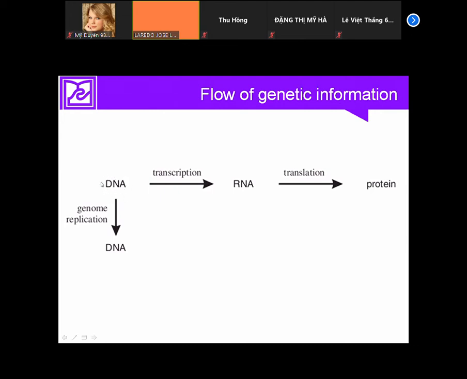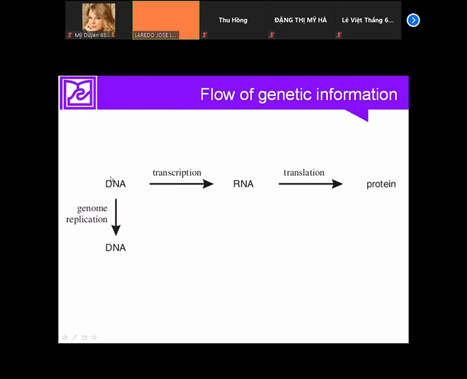From DNA, RNA is made. This process is called transcription. And from RNA, proteins are made. This is called translation. So the purpose of genetic information is to make proteins through two different processes, transcription and translation, okay?